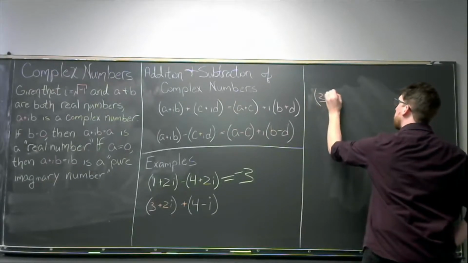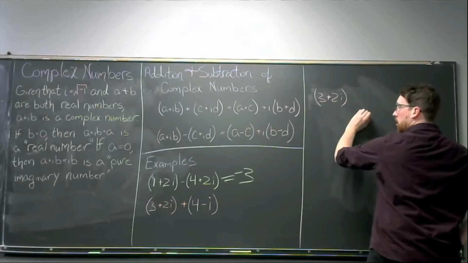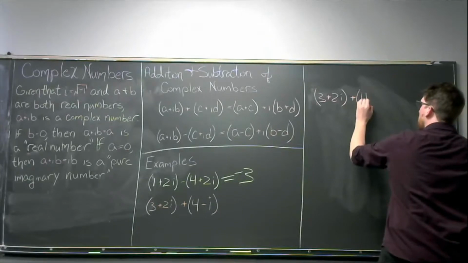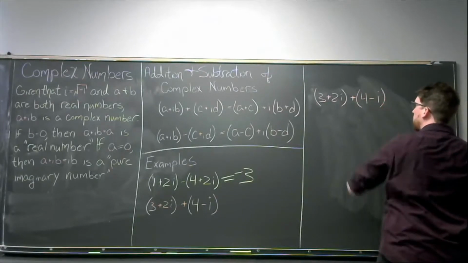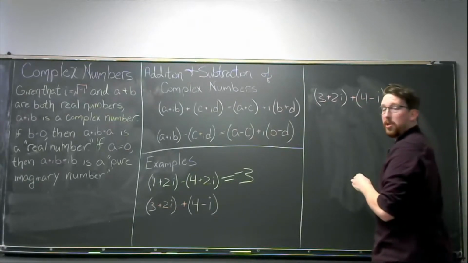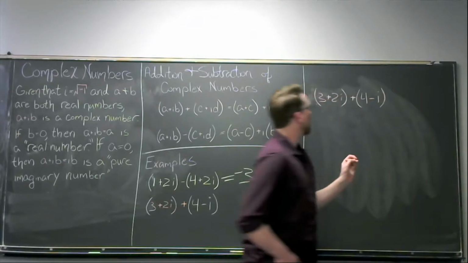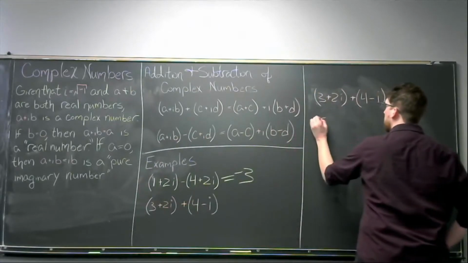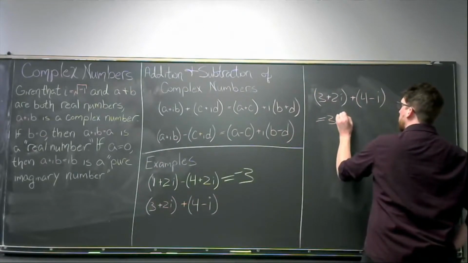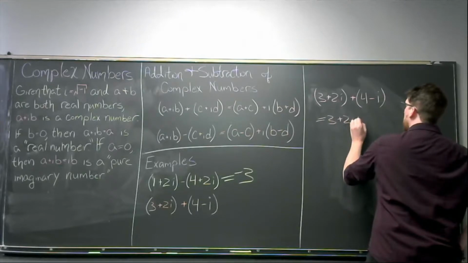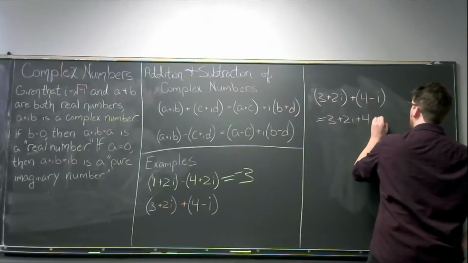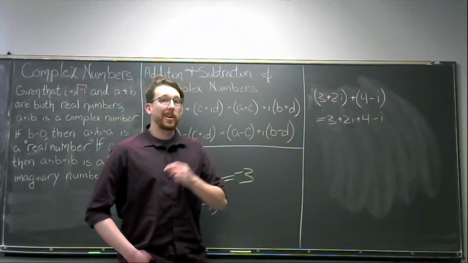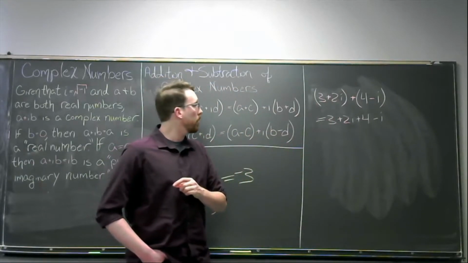3 plus 2i plus 4 minus i. Well, we can drop those parentheses. And when we do, we're going to get 3 plus 2i plus 4 minus i. Now we're going to group our real terms and our imaginary terms together.